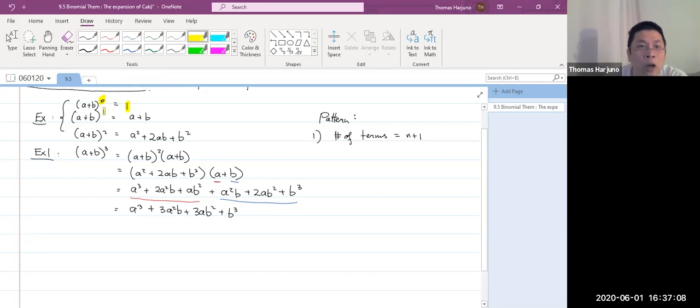When n is 1, we have 2 terms. When n is 2, we have 3 terms. When n is 3, we have 4 terms. Right? So the number of terms equals the exponent plus 1.